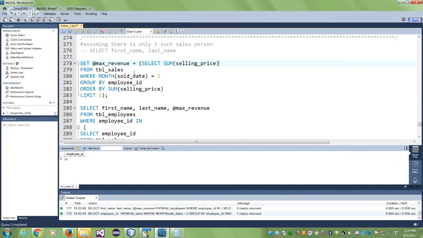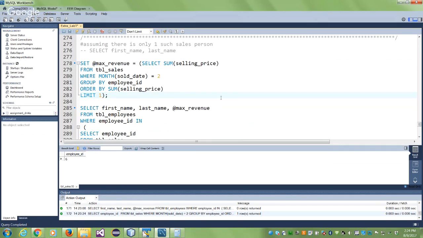Sum up the selling price from this table where month is 2, group by this, and the limit is 1. And we have to order it also. How do we say sum of selling price? What do we select from here? We have to select the sum.